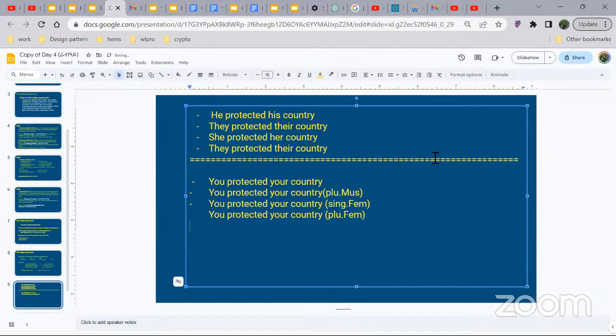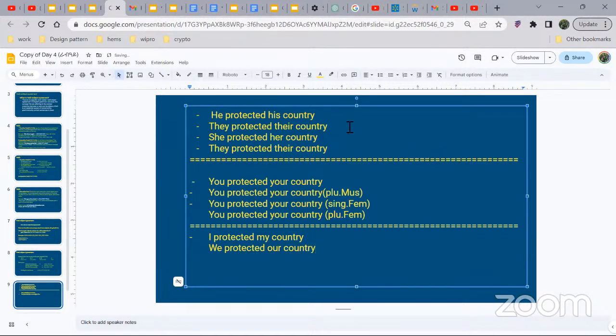Okay, and I protected my country. Yeah, my country. I protected my country and we protected our country.